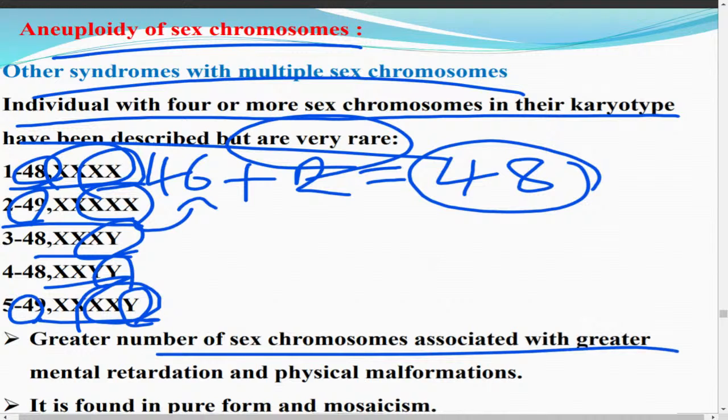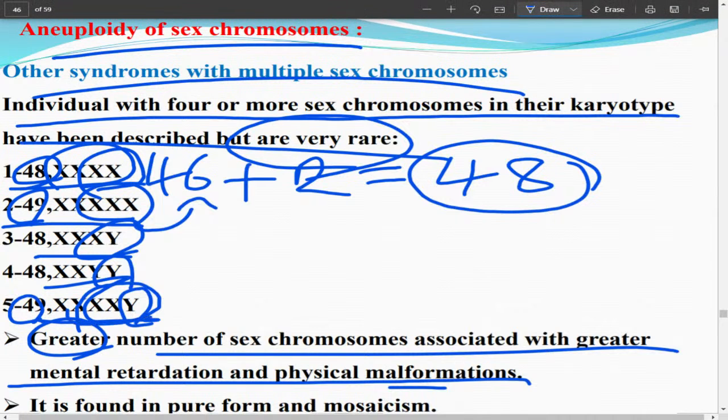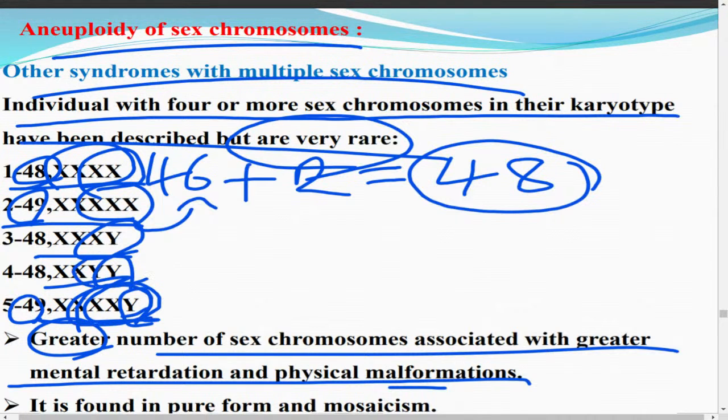A greater number of sex chromosomes is associated with greater mental retardation and physical malformations. The greater the number is, as we can see here, sex chromosome with additional 3, here an additional 2, and here an additional 2.